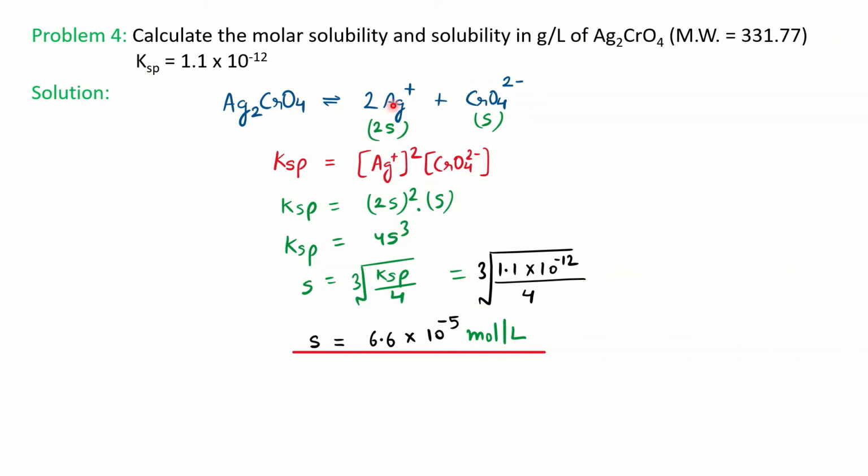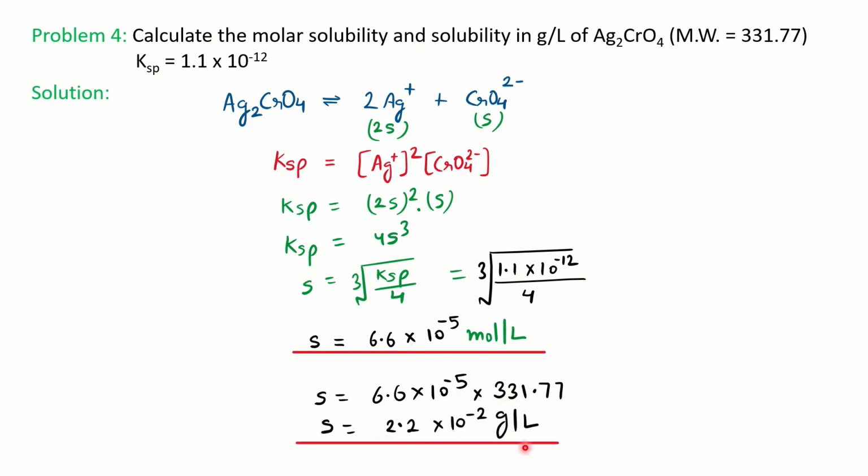If you want to calculate the Ag+ concentration, you just have to multiply it by 2, and this solubility is the same value for chromate. Now how to calculate in gram per liter? You multiply the value which you have just calculated by its molecular weight, and you will get the solubility in gram per liter. So you can find the molar solubility in mole per liter as well as in gram per liter.